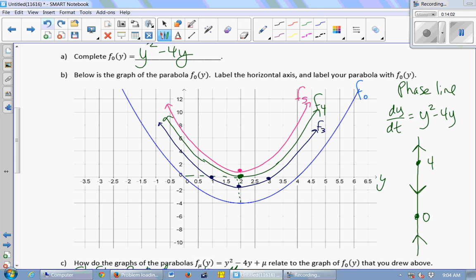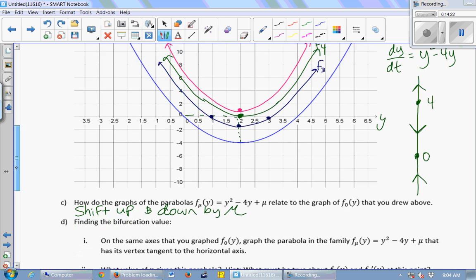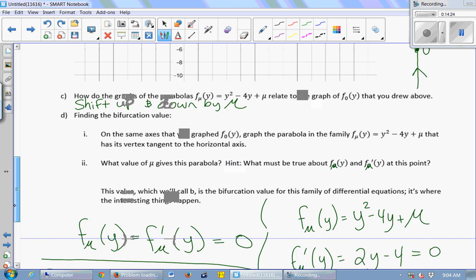Anywhere before that, we had 2 x-intercepts, which is 2 equilibrium solutions to the differential equation. At 4, we have 1. It goes from 2 to 1, and after 4, we go to 0. No x-intercepts. So the bifurcation, the fundamental change, happens at mu equals 4. All right, so there's our parabolas.